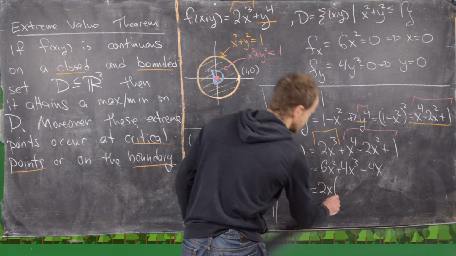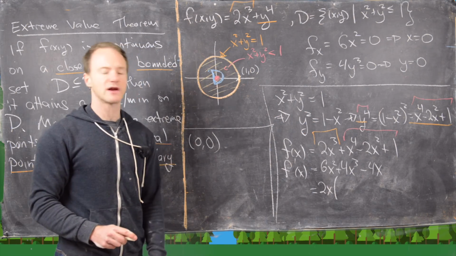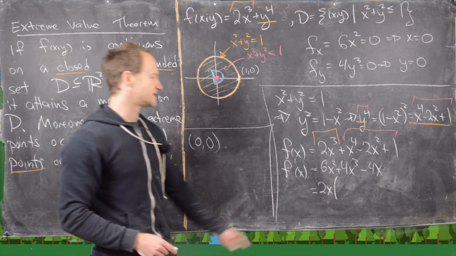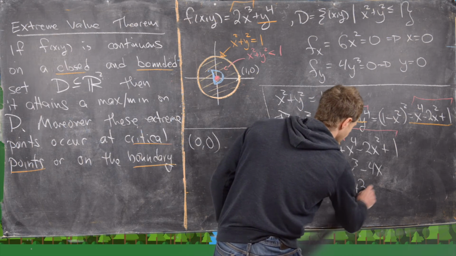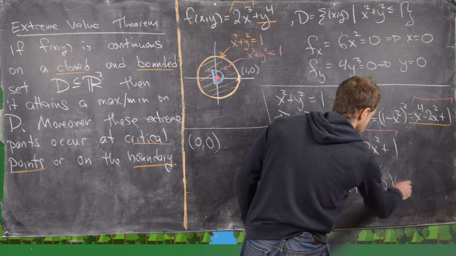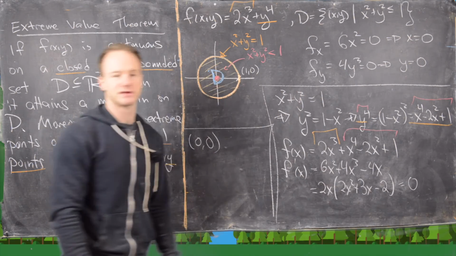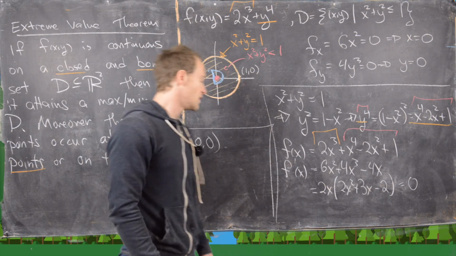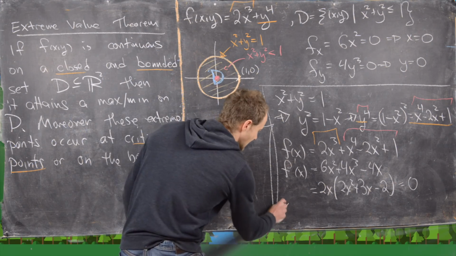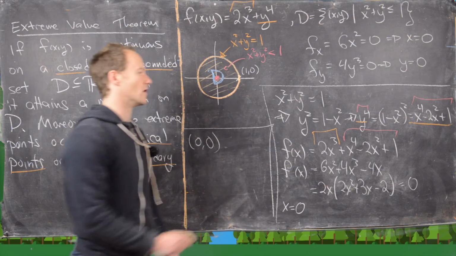So if we factor a 2x out of that and then maybe rearrange it so that we're in decreasing order, we're going to get 2x times (2x squared plus 3x minus 2), and we want to set that equal to 0. Okay, so notice first of all, we get a critical point when x equals 0.